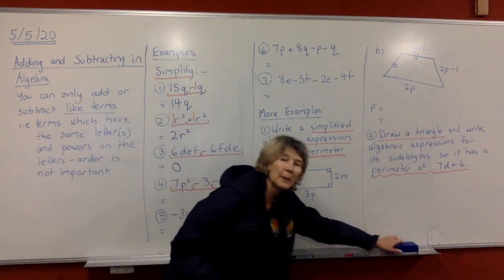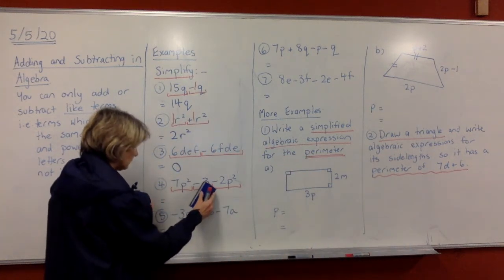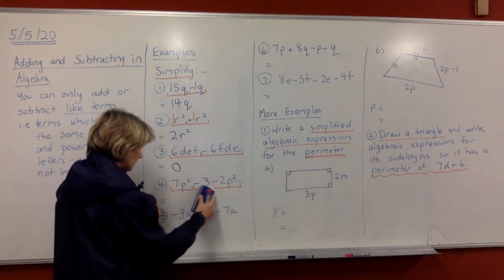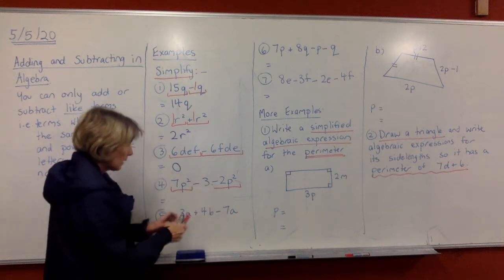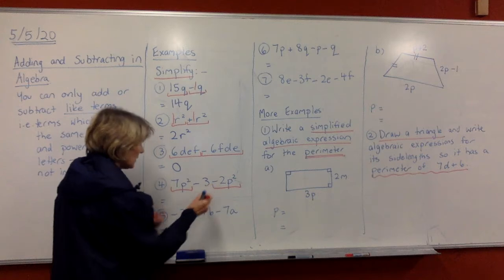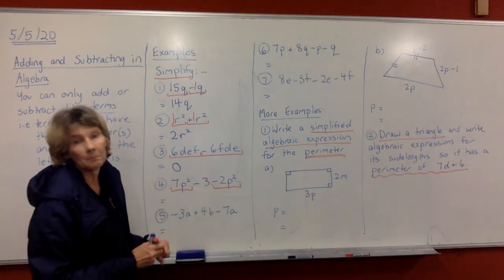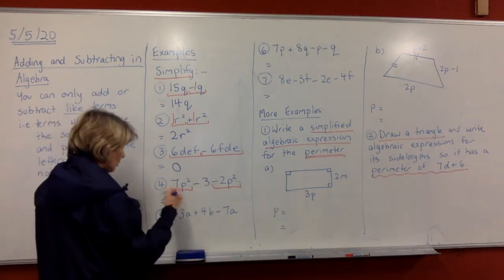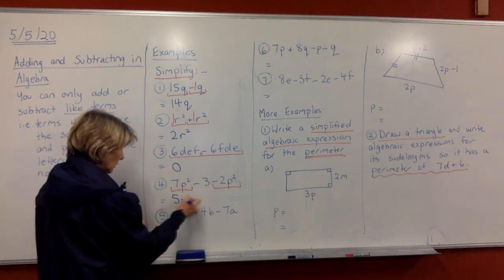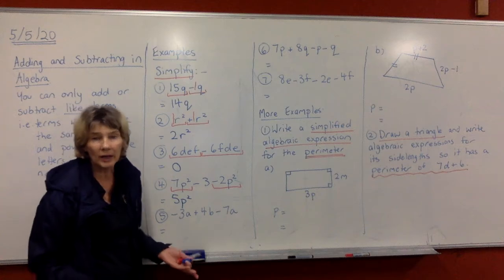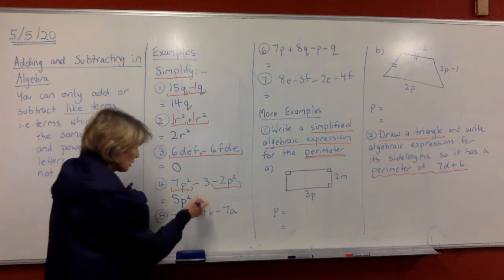So I'm just going to rub out the underlining I did on the middle one, just so we don't confuse it. So we're going to be collecting 7p squared minus 2p squared. So 7 minus 2 gives you 5. Write the p squared on the end. Now the minus 3 here doesn't have anything that we can collect with it, so we just copy it down.